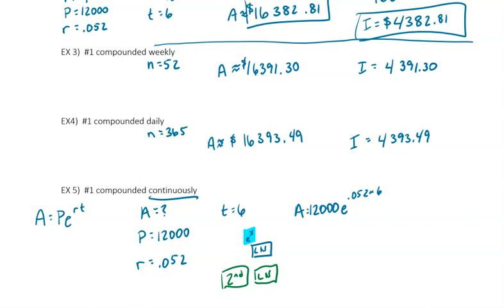Right? So go ahead and try to put that in your calculator. And if you do, you should be getting approximately $16,393.86.